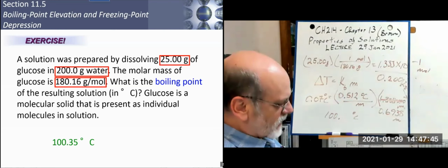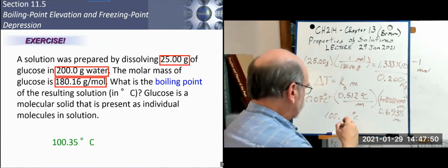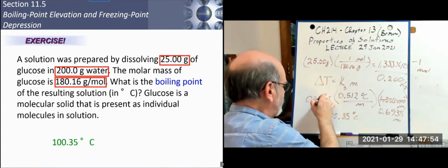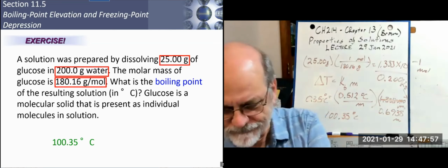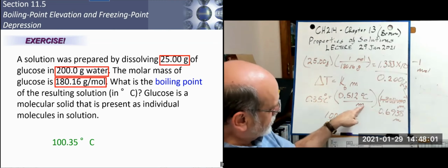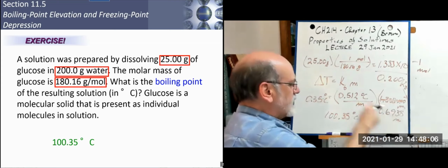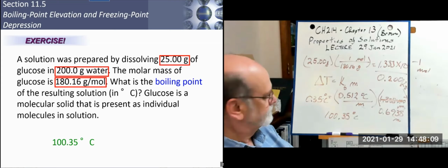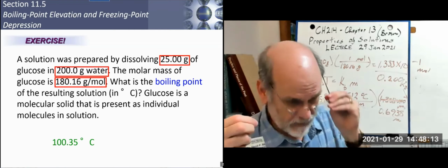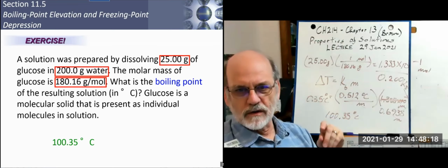Now this times that should be right. 0.35. So do we have the right units of measure? Well, yeah. This cancels. This is in the numerator. So that cancels that and leaves us with degrees centigrade. Okay? So the moral of that story is do like I say, not like I do.